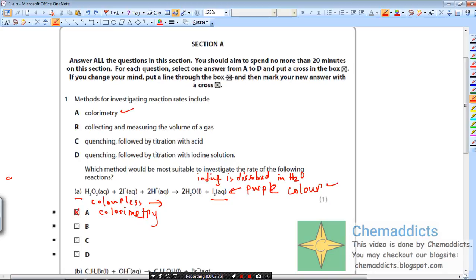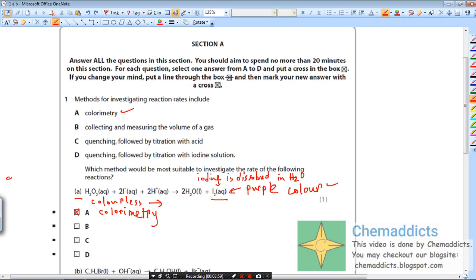By this time, I hope you have understood why A should be the answer for this reaction. Now let us analyze why the other methods are not applicable for this particular reaction.